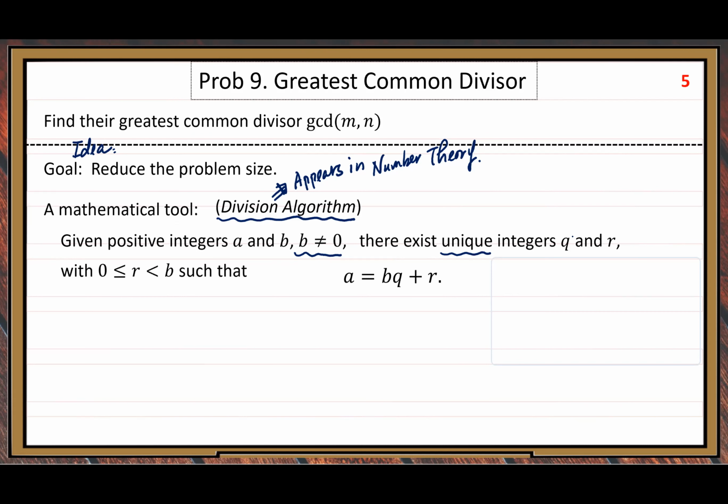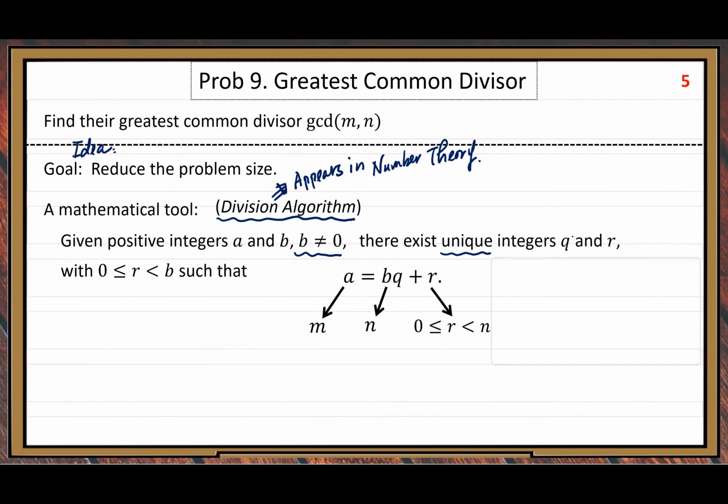In number theory, this division algorithm is extremely useful. Many advanced theorems are developed by this division algorithm. Here, to find the greatest common divisor, we need to use this tool. How to do it?